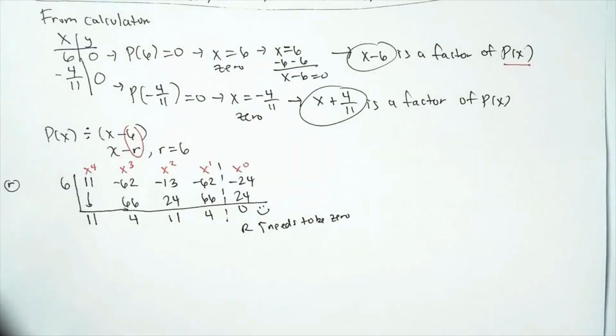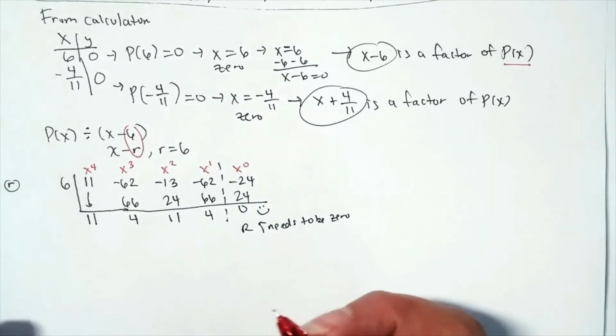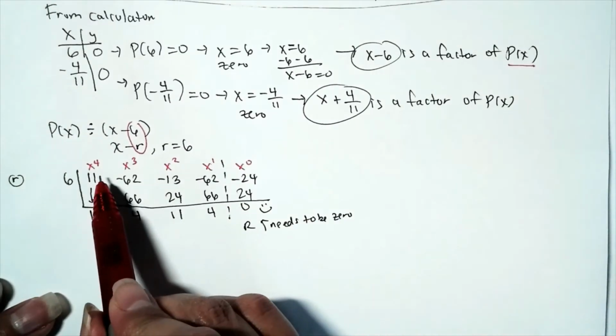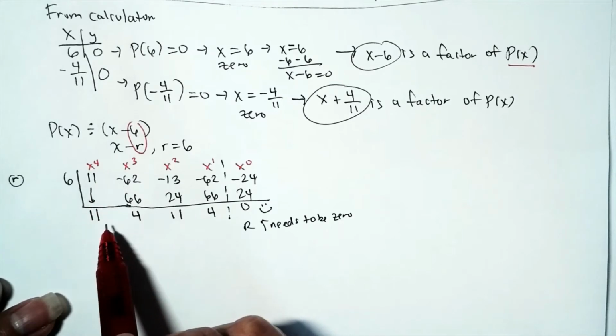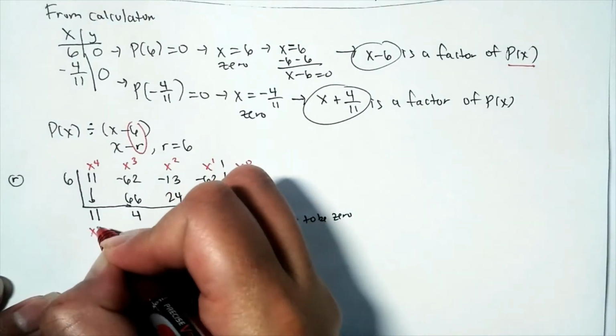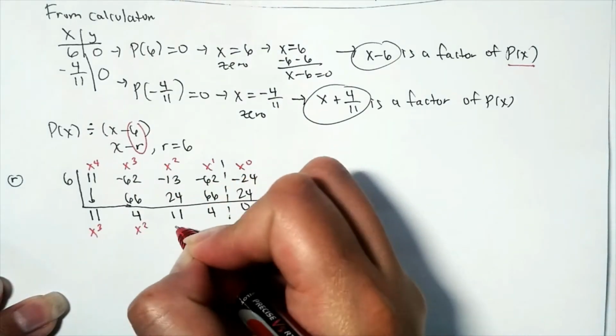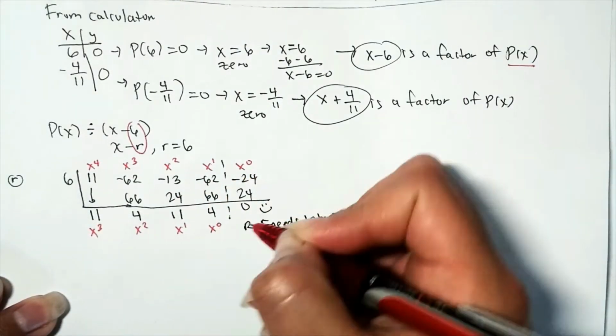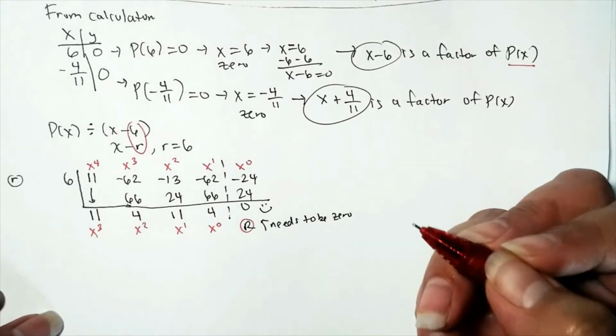Alright, so let's go ahead and highlight the degrees of the quotient. Since we divided into a degree 4 polynomial, the degree of our quotient should be 1 under, or 3. So that should give us x to the third, x to the second, x to the first, constant, and then the remainder is 0.